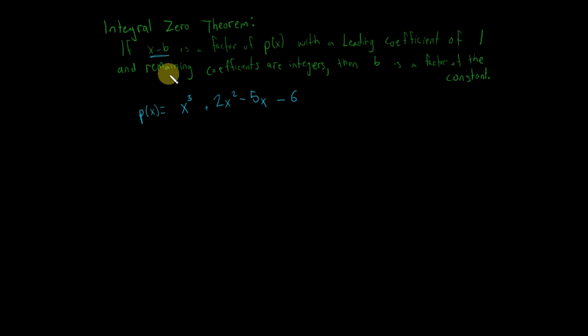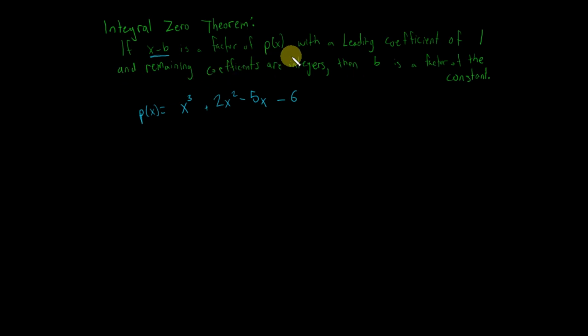What we did on the last page, we already got different values of b and different random factors that we wanted to see if they were factors or not. But what if we're given this and it says to determine the factors? How would we do that? We don't know what the factors are, so we have to test different things, or we can test things that make sense to test using the integral zero theorem.